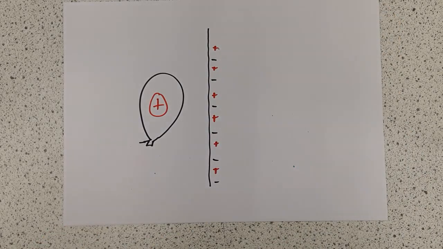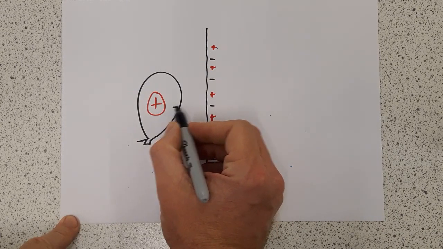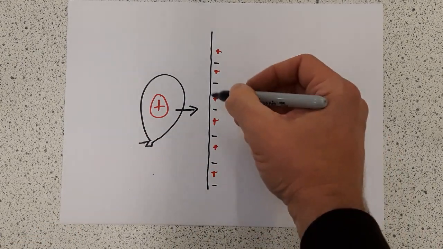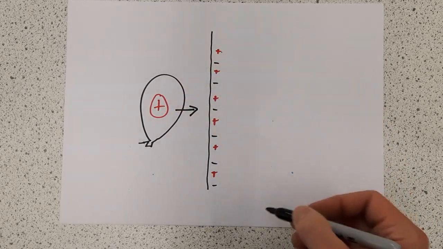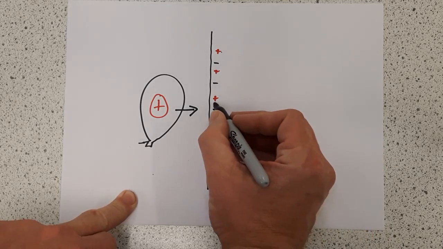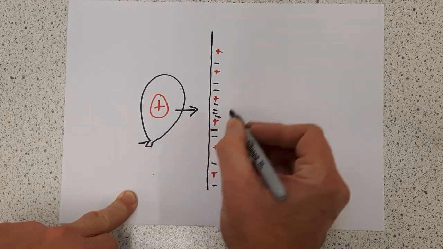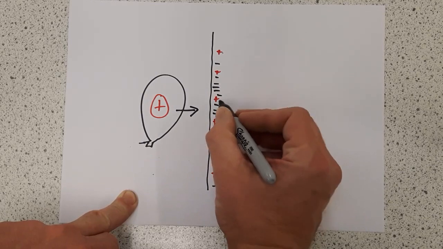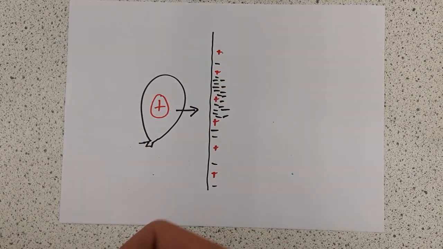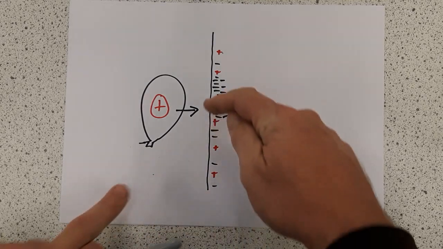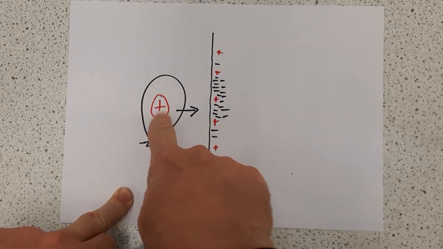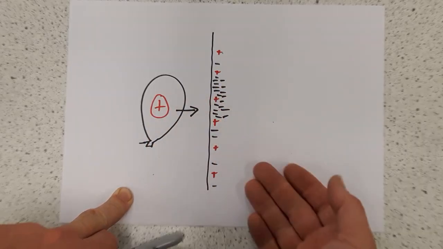But when I bring the balloon near to the wall, what's going to happen is that the electrons are going to be attracted towards the positive charge. So lots of electrons will start to migrate towards the area where the balloon is going to be. Now, because we have a lot of electrons in this place here, the balloon will attract to those electrons and stick to the wall.